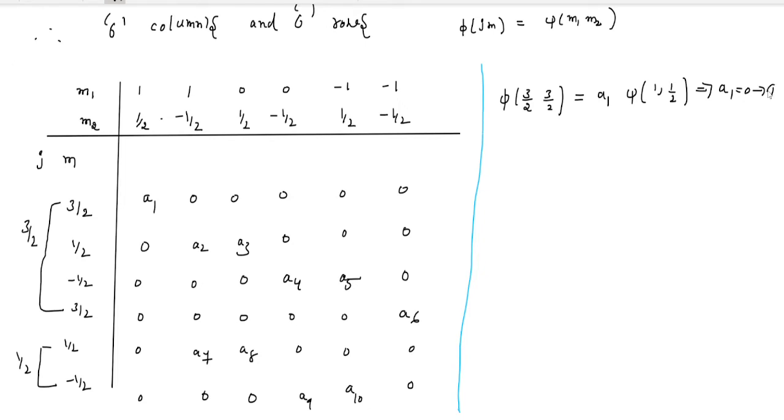This is equation number 1. Psi 3 divided by 2 comma 1 divided by 2. So this is the only linear combination we can get. Psi is equal to 1 comma minus 1 divided by 2.